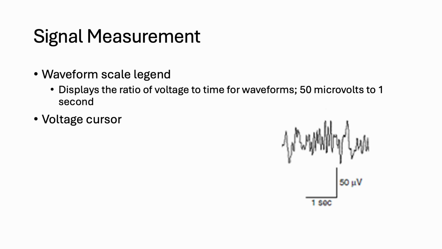Another useful software tool commonly in use is known as the voltage cursor. Placing the mouse arrow or cursor over a tracing will display the incremental changes in voltage and frequency along both axes. These are mostly useful when considering the amplitude of delta waves, which have the requirement of at least 75 microvolts.